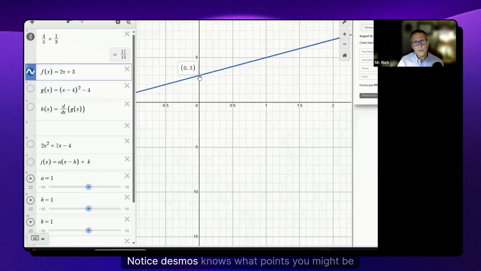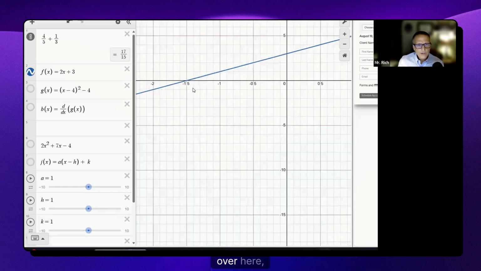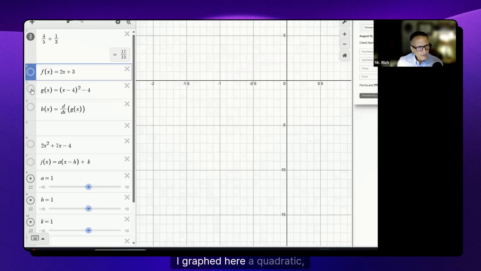And notice Desmos knows what points you might be interested in on the graph. And so it's not hard at all to find the y-intercept there of (0, 3). Coming over here, there is the x-intercept at negative 1.5. I graphed here a quadratic, and I've just turned it on.